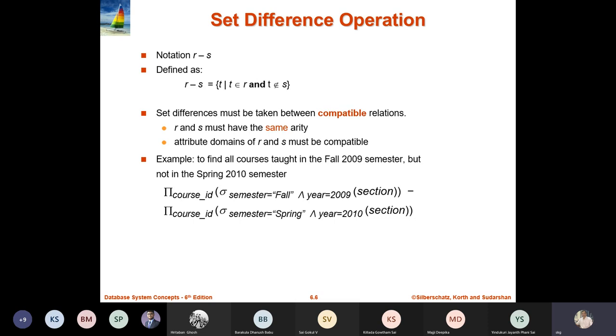Okay, so those courses which are there in the fall but not in the spring. In our example, if it were the other way around, DBMS would be there, but otherwise DBMS will not appear in the spring.